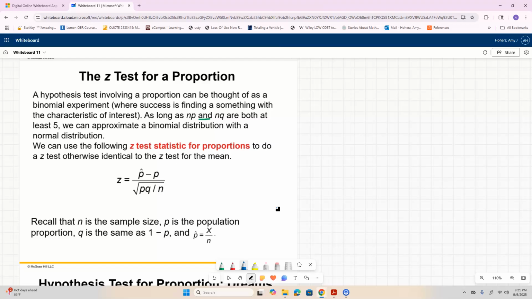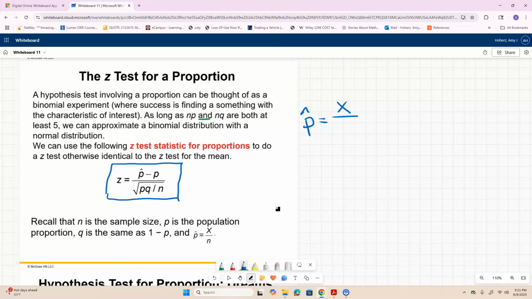So this is the test statistic for proportions. Again, it's a z, and we're going to be looking at the z row on the table. We're going to be using p hat minus p over the square root of pq over n. Now, what is p hat? If you remember from before, p hat is the number in your sample that meet the desired criteria.